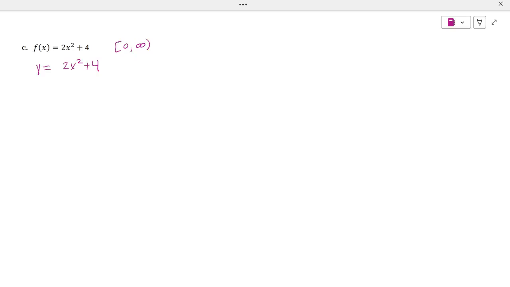And then I will exchange x and y. And then I want to solve for y. So let's start by subtracting 4. Then let's divide by 2.